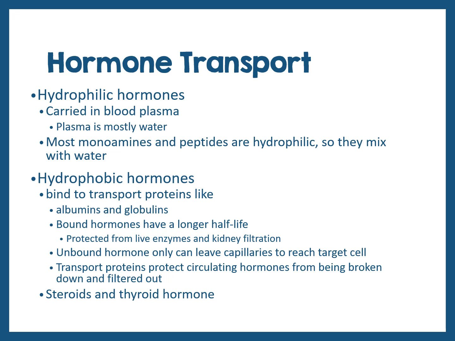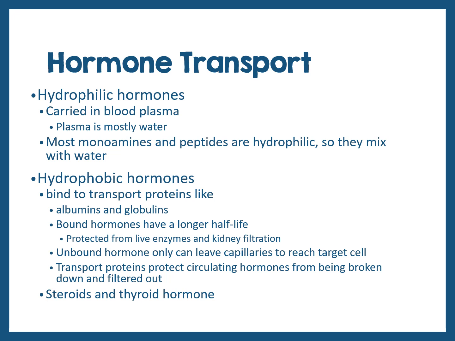When it comes to how these hormones get around the body, there are different ways they'll be transported depending on if they're hydrophobic or if they're hydrophilic. If they're hydrophilic, meaning that they are easily dissolved in water, like the monoamines and the peptides and the proteins, those can be dissolved in the blood plasma because blood plasma is mostly water.